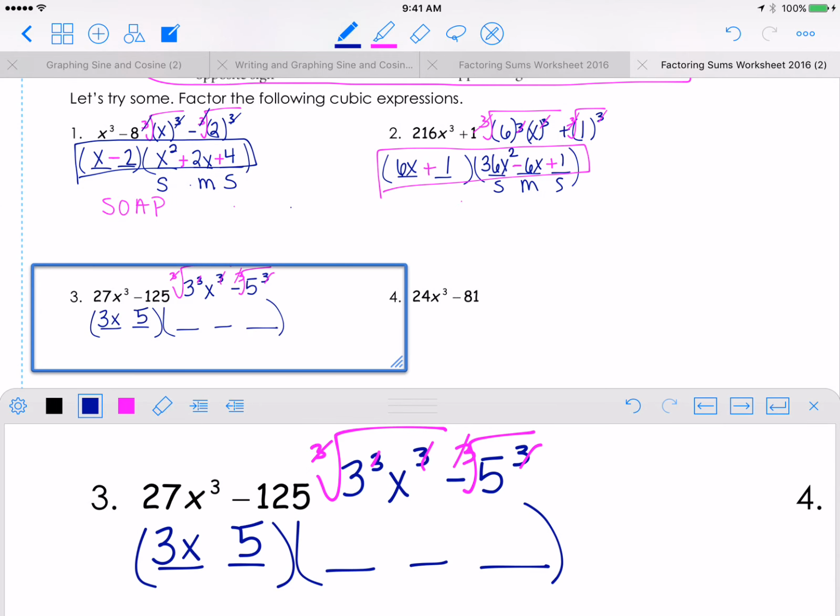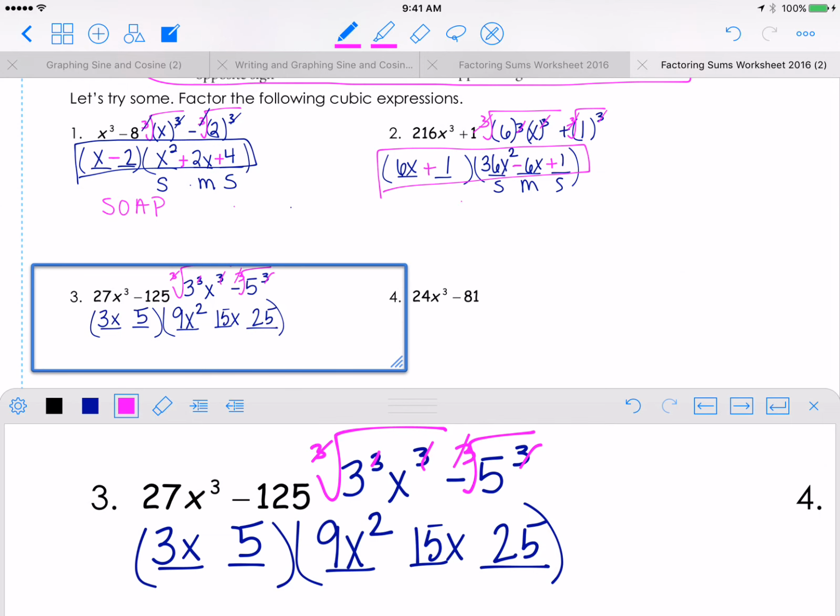5. And again, we're going to do SMS. So we're going to square 3 squared times x squared is 9x squared. Then we're going to multiply. 3x times 5 is going to give us 15x. And then we're going to square our second term. 5 squared, 25.